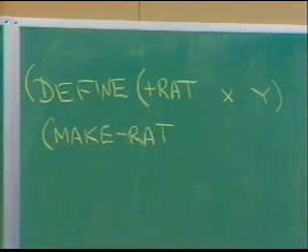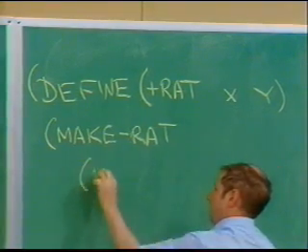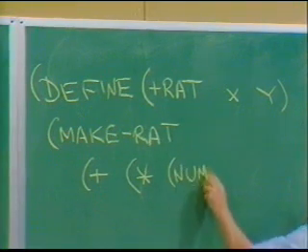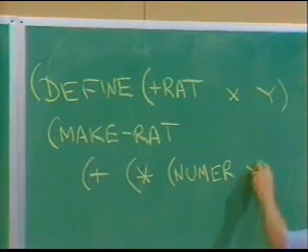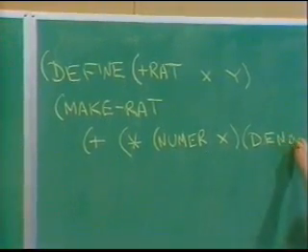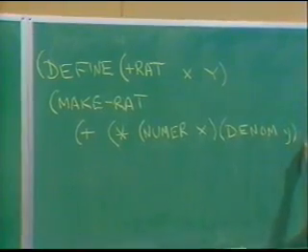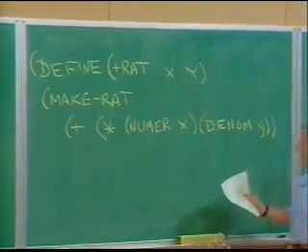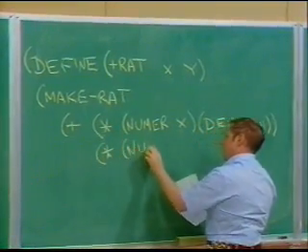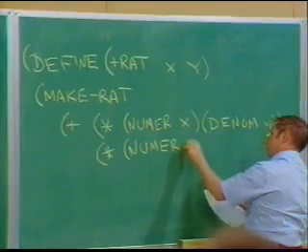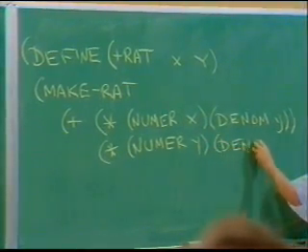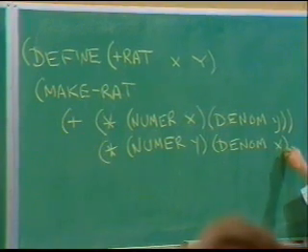Well, we've got the formulas there. The numerator of it is the sum of the product of the numerator of x and the denominator of y. It's one thing in the sum, and the other thing in the numerator is the product of the numerator of y and the denominator of x.